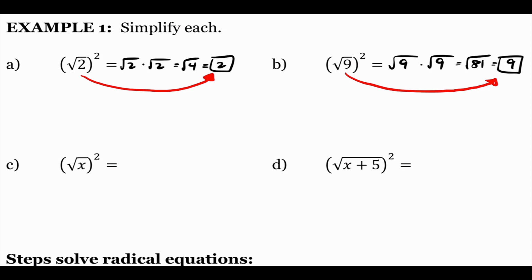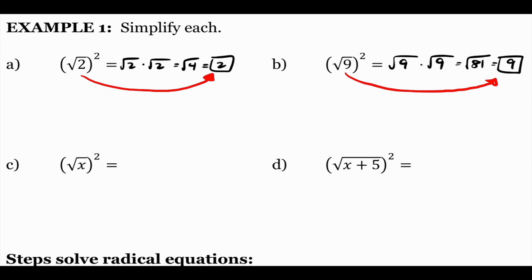Whatever's there is going to be the answer. The answer was 2. The answer was 9. Why does that happen? Because they're opposites. Squaring and square root are opposites. It's like if I took 2 steps forward and then did the opposite, 2 steps back. I'm back where I started.